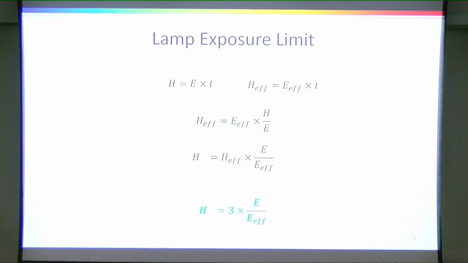And so that's where the lamp exposure limit comes in. If we take the equation between exposure and effective exposure, we can combine them in a way to calculate the lamp exposure limit. As I say, first introduced by the Columbia group, very powerful tool. And the great thing about the lamp exposure limit is that once you have it for a particular lamp and a particular spectrum, it doesn't change.